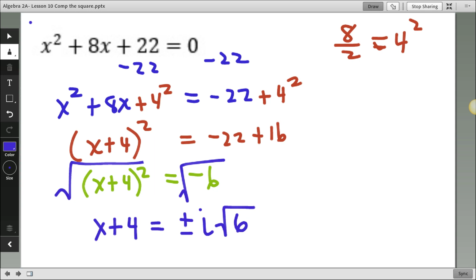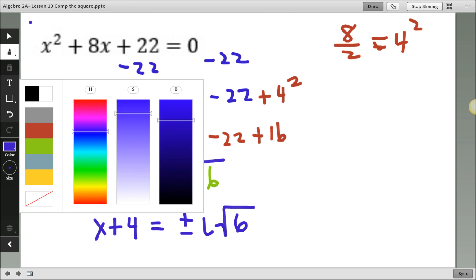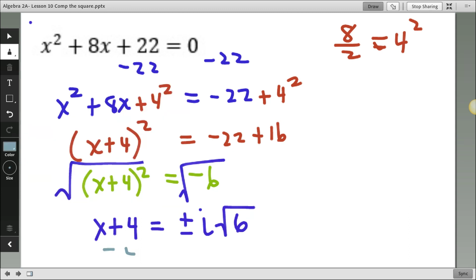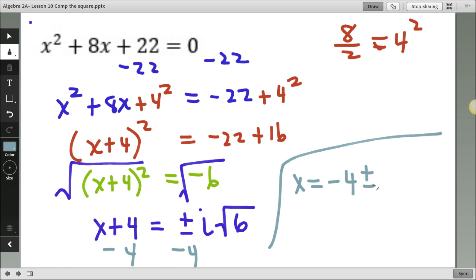Please do not put no real solutions. I know it's not a real solution. You got to figure out the complex solution. Subtracting 4 from each side to finish this one up will give me x equals negative 4 plus or minus i times the square root of 6.